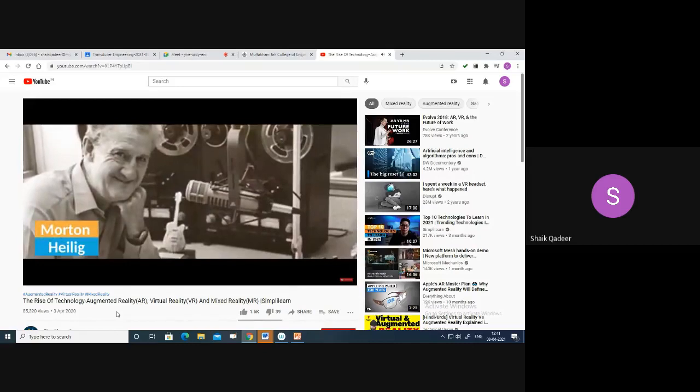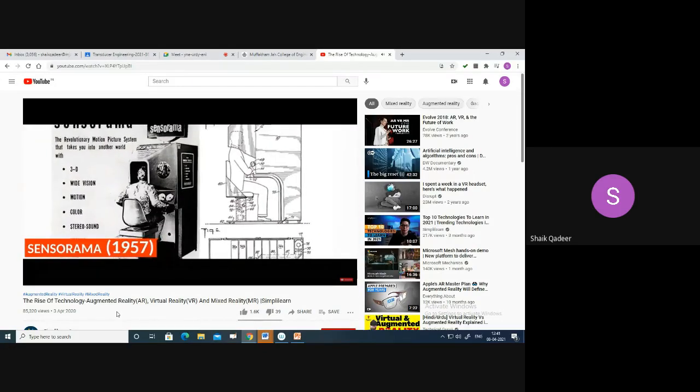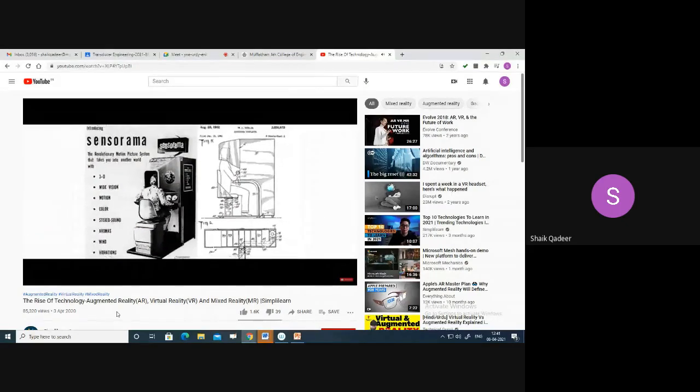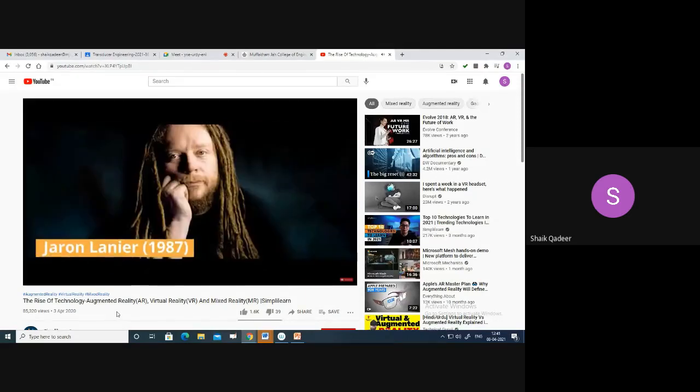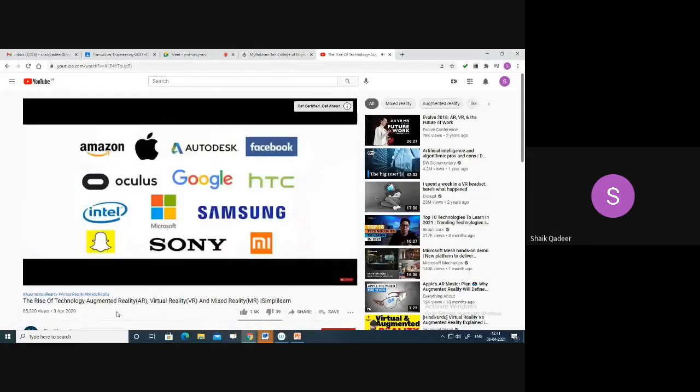Morton Heilig invented the first VR device called Sensorama in 1957. His multimedia device, the Sensorama, is considered one of the earliest VR systems. However, the term virtual reality was coined later by Jaron Lanier in 1987 during his intense research on this evolving technology. A lot of companies are investing billions of dollars in the VR sector.